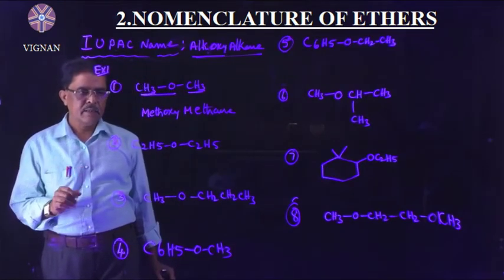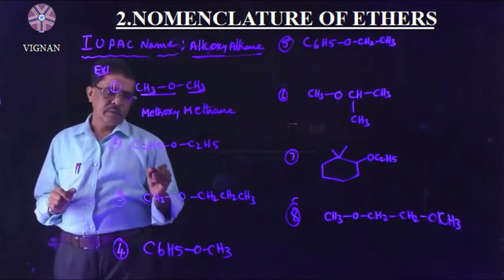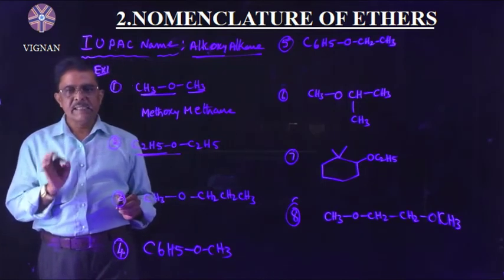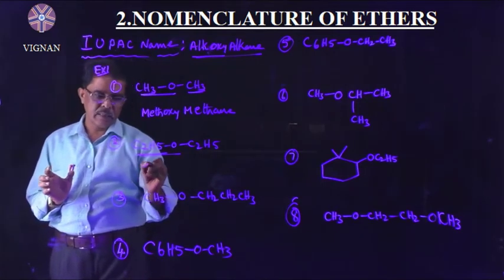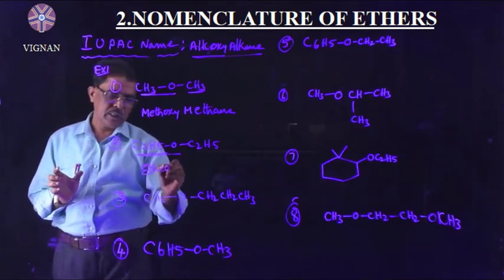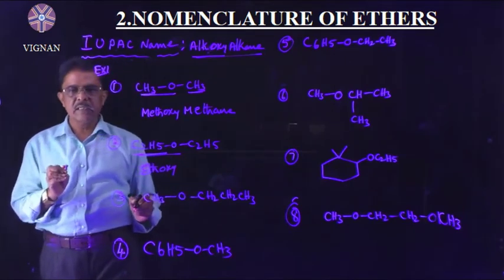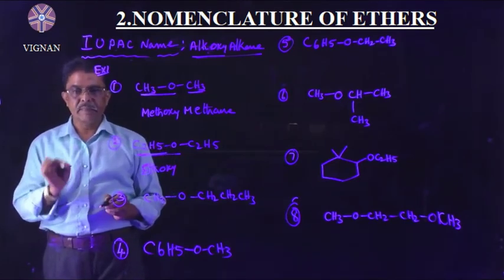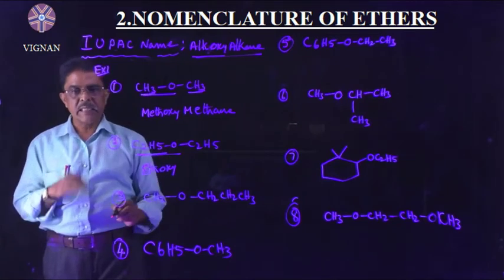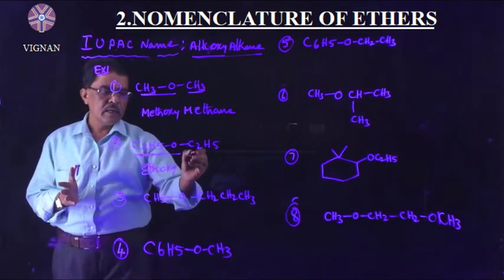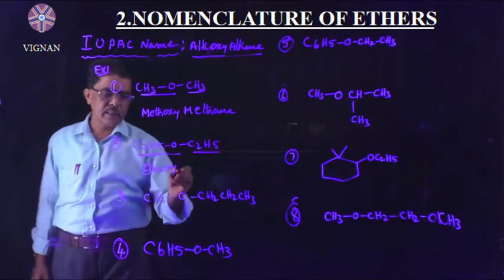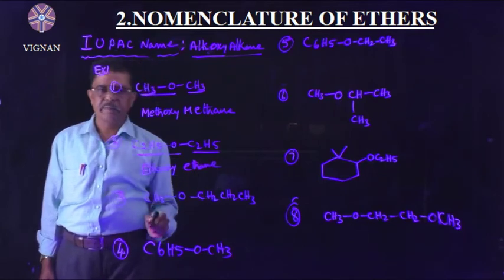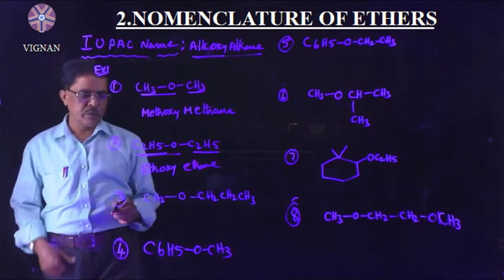And in this case, the first part of the compound is the alkoxy part, so I can write ethoxy. Why ethoxy? Because two carbon atoms are there, ethyl plus oxy, ethoxy, and the longest chain contains two carbon atoms. Then ethoxyethane.